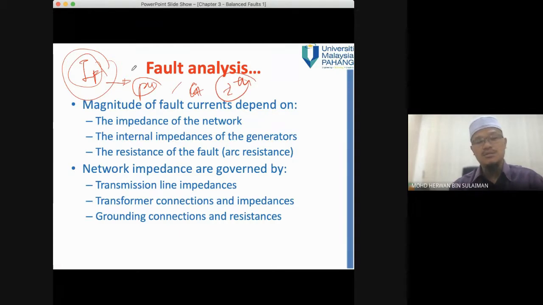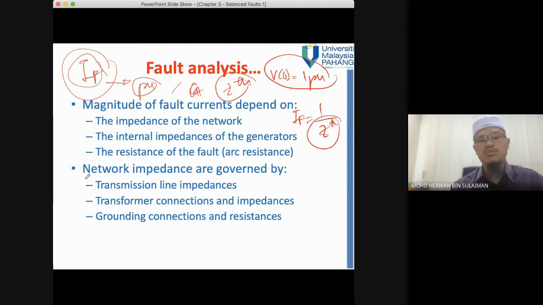So basically sebenarnya kelas ni ataupun topik ni kita nak cari Z Thevenin, yang mana once kita dapat Z Thevenin kita boleh kira fault current, yang mana normally pre-fault voltage kita just assume satu lah, pre-fault voltage satu per unit. So nak cari fault current satu bahagi dengan Z Thevenin.